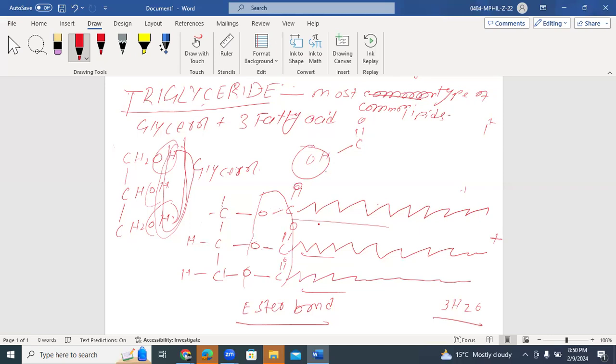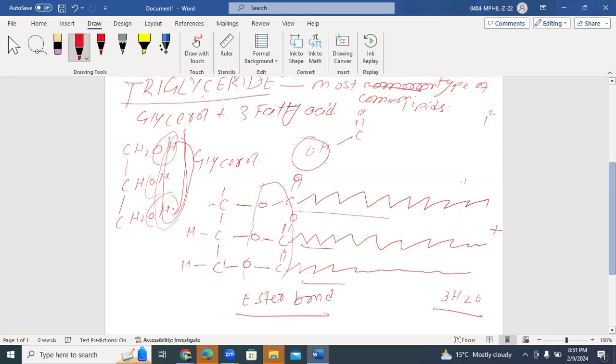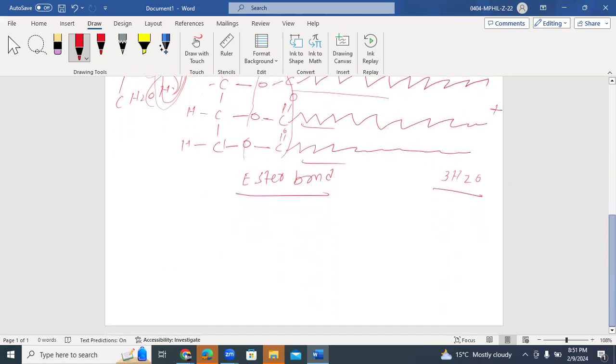So what is the function of this triglyceride? Although it is very common, as we said, this is triglyceride. All this is triglyceride. So 4 minutes are remaining, so quickly we can talk about functions.